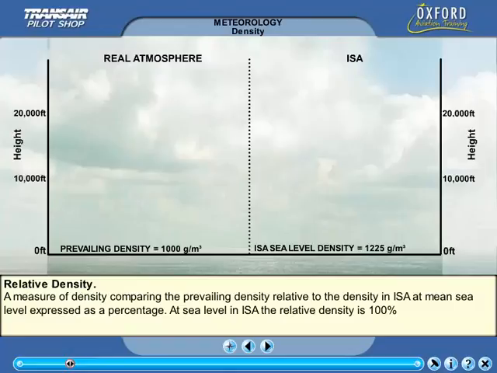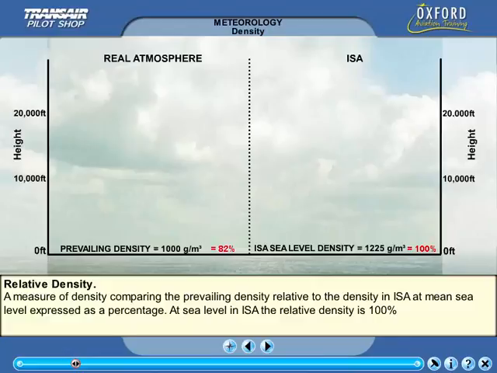For instance, if we know the standard sea level density in ISA, then we can use this as a benchmark to compare densities from other areas. Using this method, we may take the density of 1,225 grams per cubic meter as representing 100%.